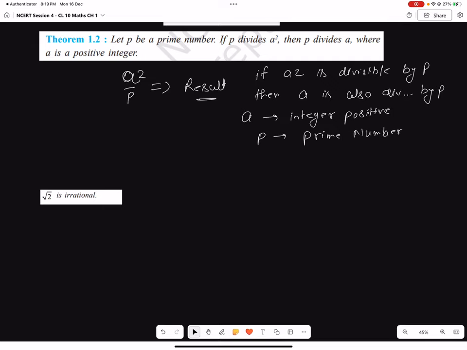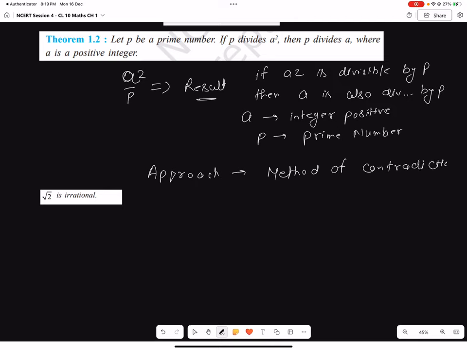So √2, how we will prove that? First we will go by method of contradiction. So our approach would be, we will use method of contradiction.